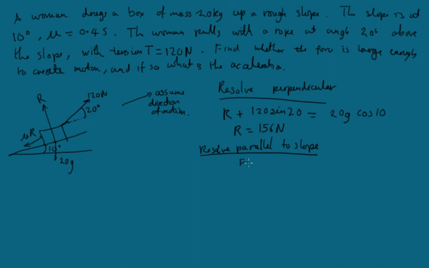So this is using Newton's second law, and we have 120 cosine 20, that's the force pulling up, minus the weight pulling down, so minus 20 g sine 10 degrees, minus the friction, and that must be equal to the mass times acceleration.